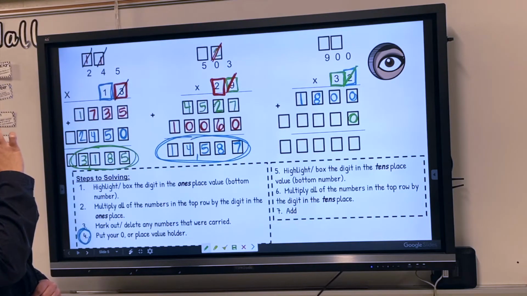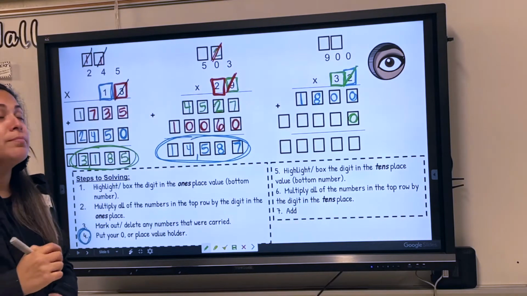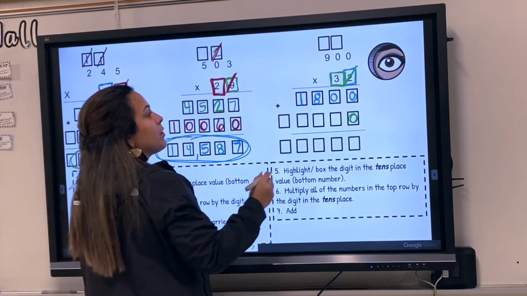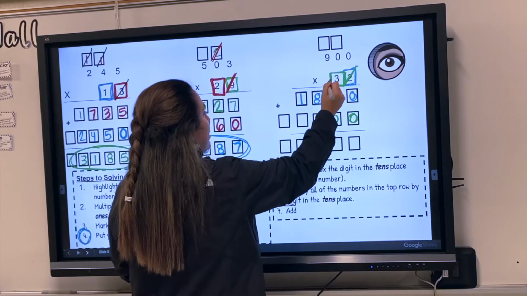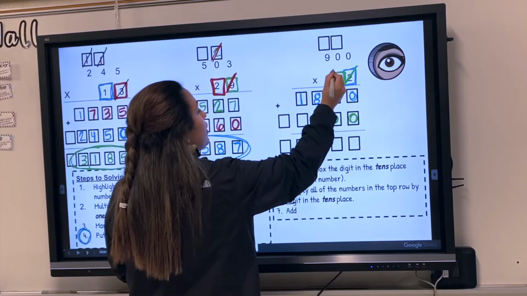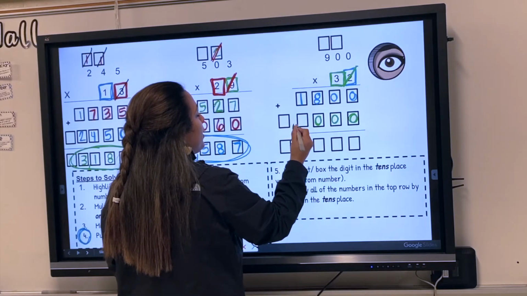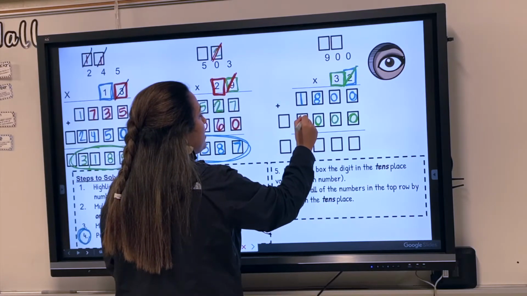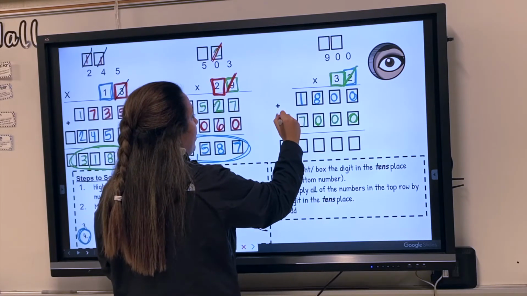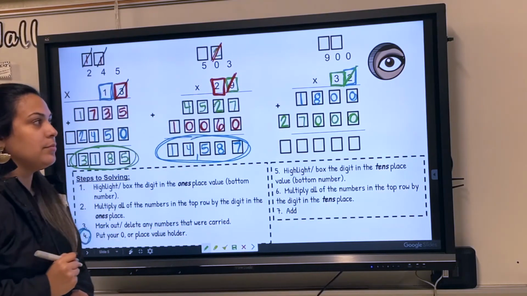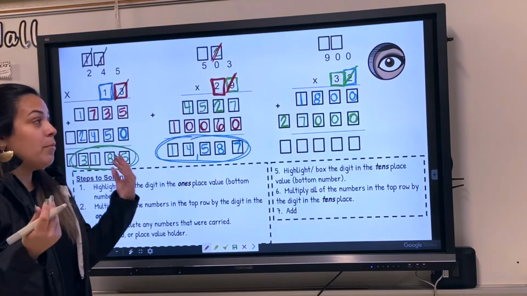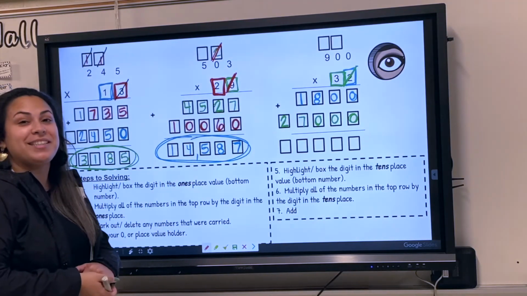Now I can multiply 900 by the 3 in the tens place. 0 times 3 is 0. 0 times 3 is 0. 9 times 3 is 27. Put my 7. I don't have to carry the 2, so I'll just put it down. And I'm done multiplying. Oh, it was pretty easy.